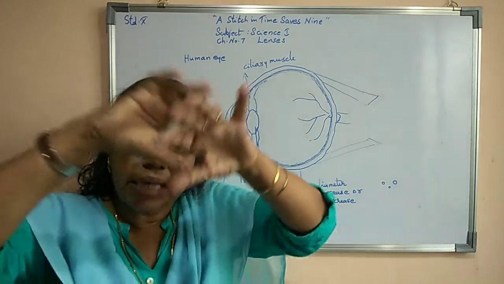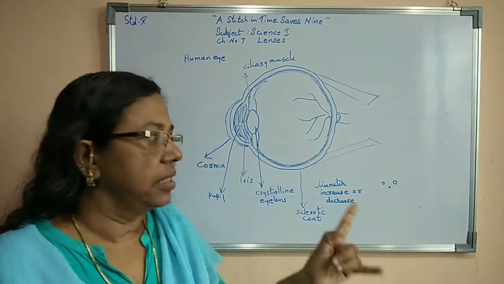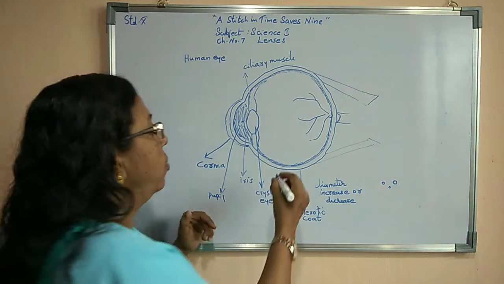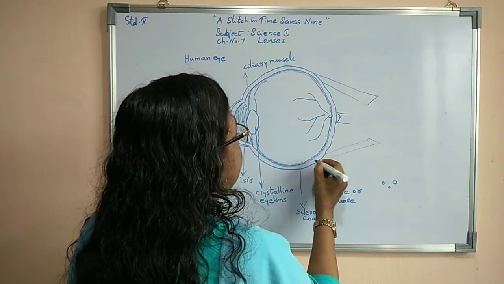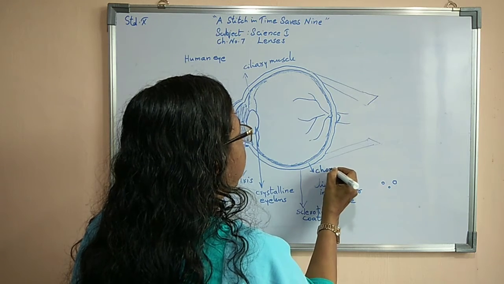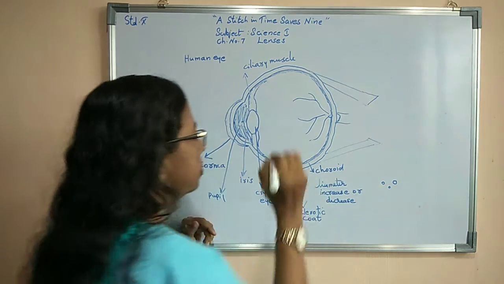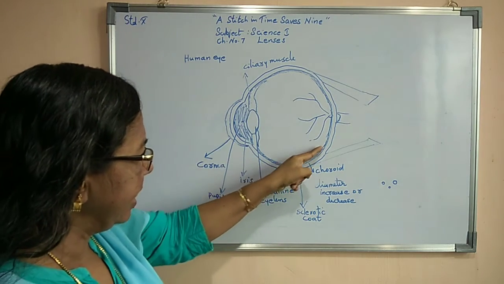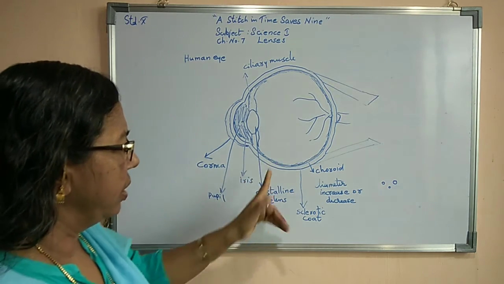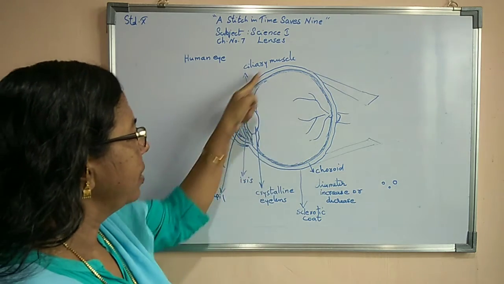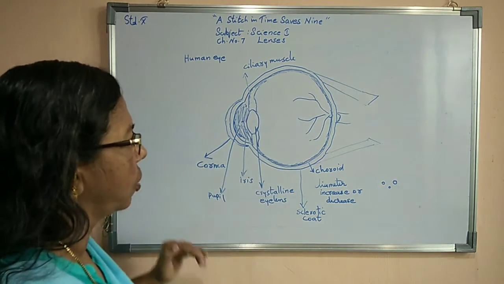This outer cover is known as the sclerotic coat. Inside it, one more coating you can see, that is known as the choroid. This is the inner lining of the eyeball, known as the choroid. The outer cover of the eyeball is known as the sclerotic coat.